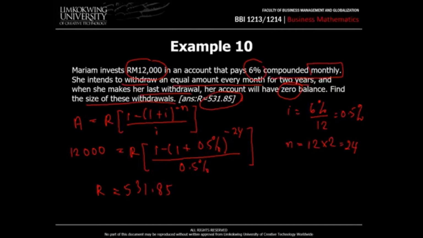So you got 22.5629, but I get 22.56 divided by the answer. So here you take it, okay, before here. So 12,000 equal to R times 22.5629. So this one take it for 4 decimal numbers, then the number will be accurate.